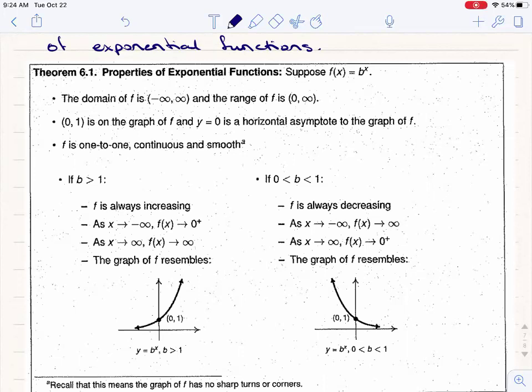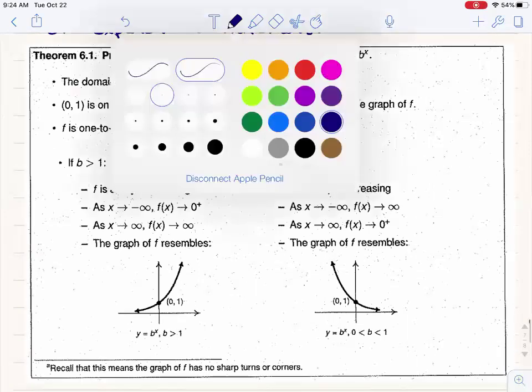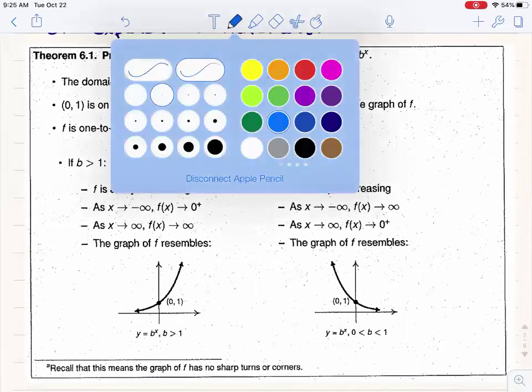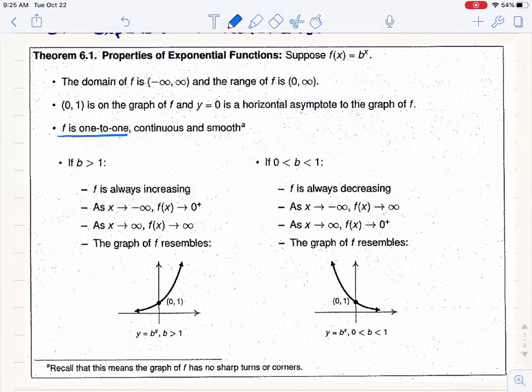And if it's one-to-one, therefore f is invertible. That's why we care about things being one-to-one: we just care about knowing if it's invertible or not.